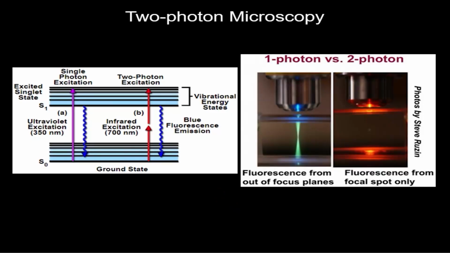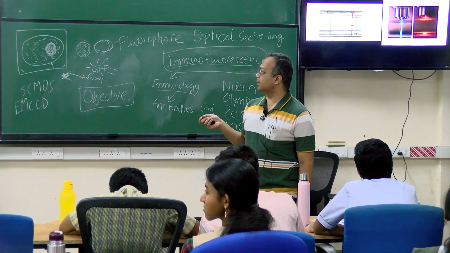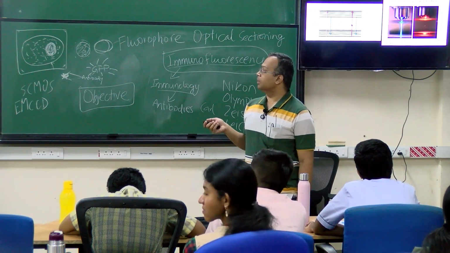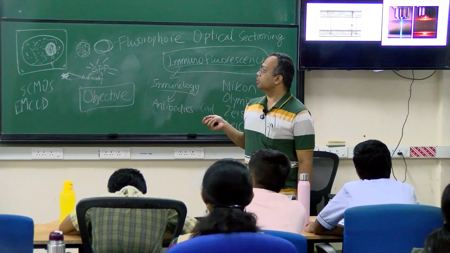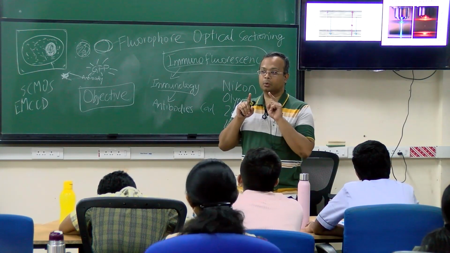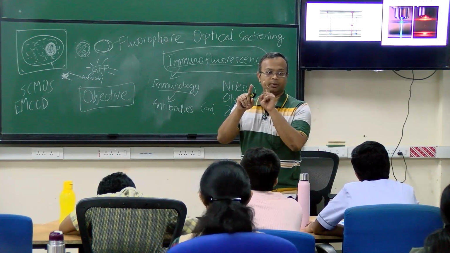There is another kind of microscope that is called a 2-photon microscope. In a regular microscope, this is your objective and this is your sample. Your light is coming and falling and exciting all the fluorophores that are there in your thick sample. But in a 2-photon microscope, you will have two separate photons that go and strike your sample at only one point.